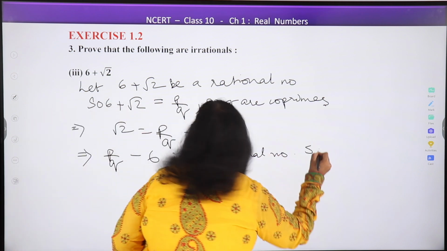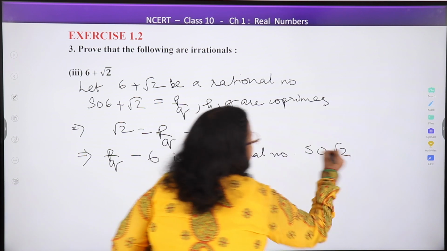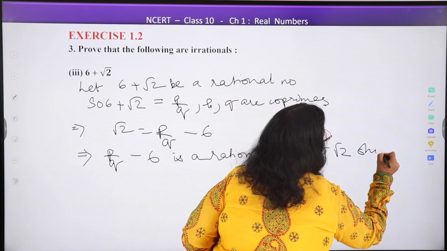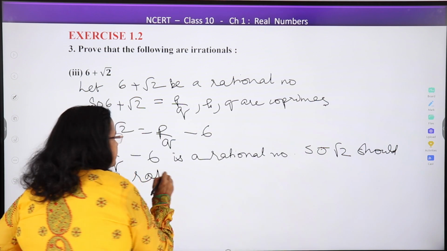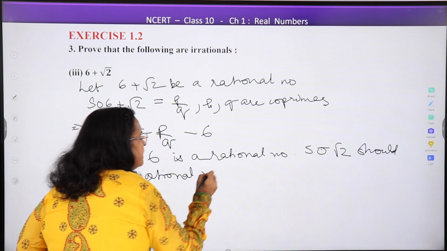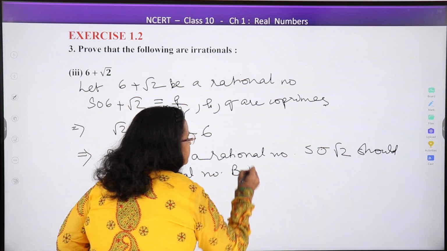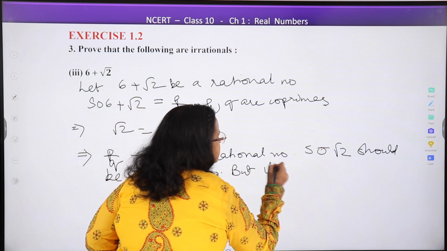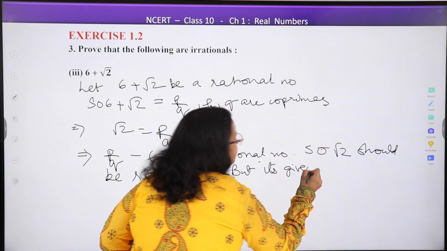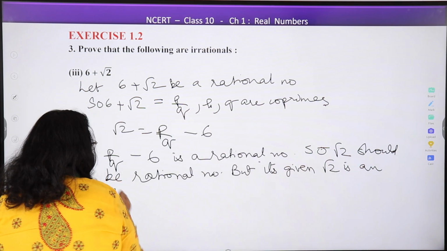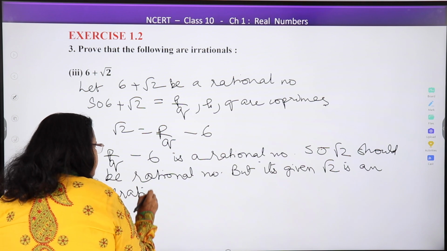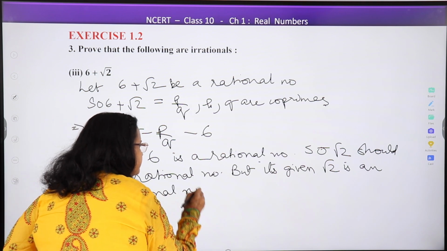So root 2 should be a rational number, but it's given root 2 is an irrational number.